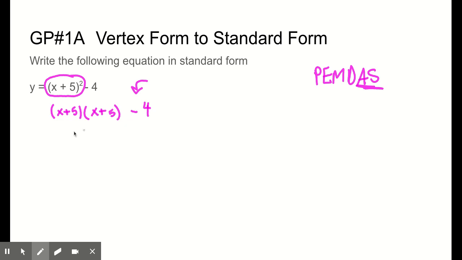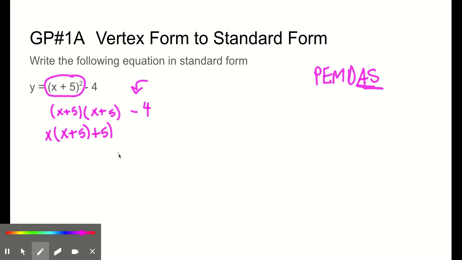So I'm going to go ahead and double distribute my binomials. x times x plus 5, plus 5 times x plus 5.